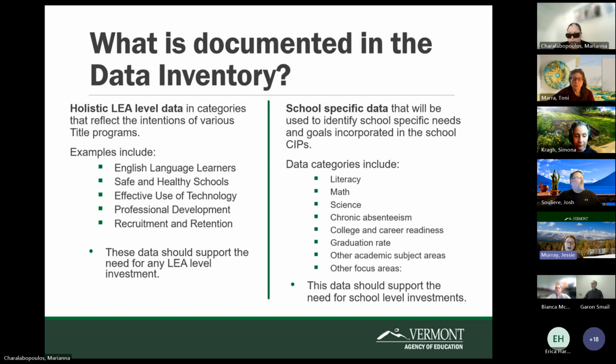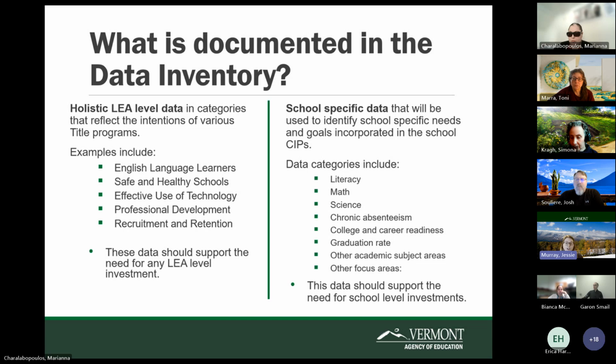There are also some options for your schools to include additional data if they have, during their needs assessment, identified other areas that they would like to focus on. So other academic subject areas or other focus areas that they find there is a need at their school and they want to incorporate those. They have the chance to add that in there as well.